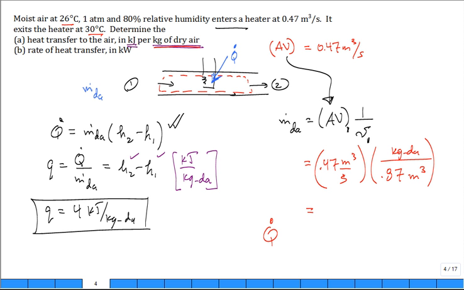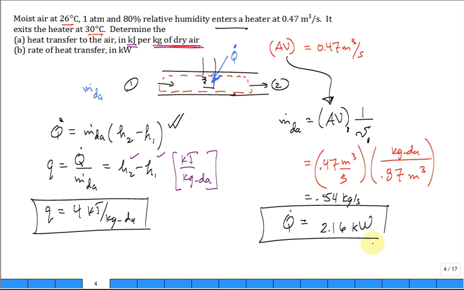I find my notes. We find that the Q dot then is around, well, this is 0.54 kilograms per second. Then multiply that by 4. Kilowatts. True?